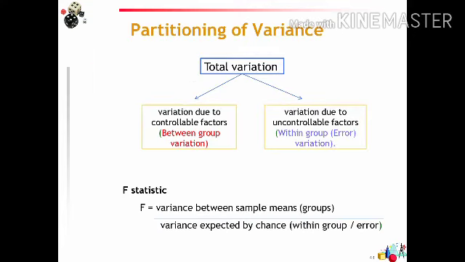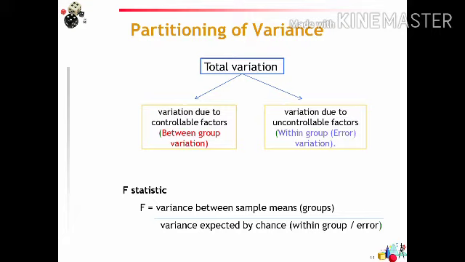That is, the total variation is the combination of variation due to controllable factors, that is between group variation, and variation due to the uncontrollable factors, that is within group variation, that is considered as an error. So the ratio of these two variances is considered as the F statistic.